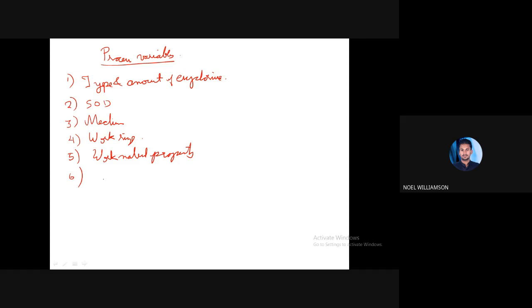Next, vacuum in the die. So these are the process variables.